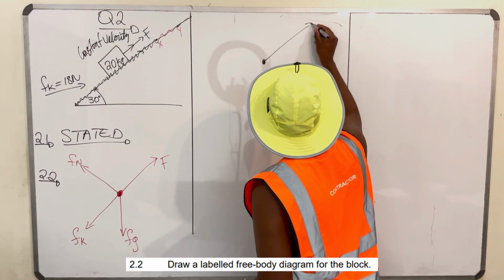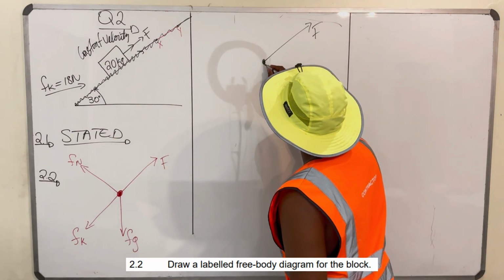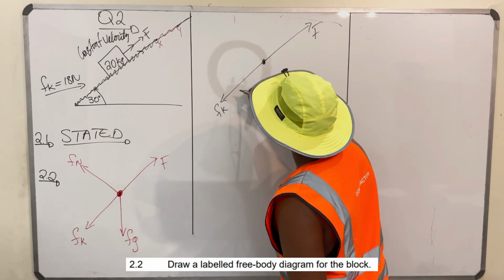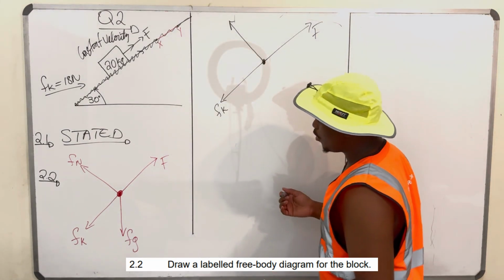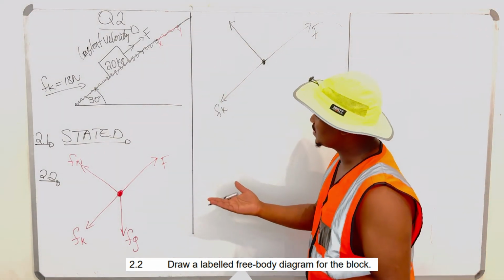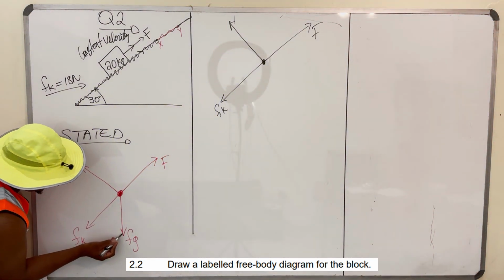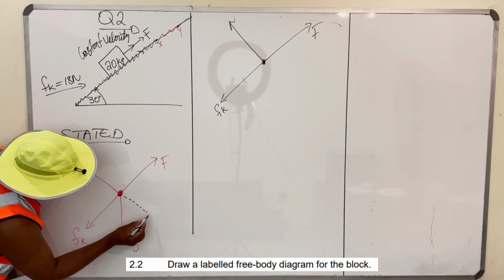Also, okay, it's my applied force. Let's just say, okay, force applied. What else? It's your kinetic friction. It's your normal force. The only thing that changes, or maybe that will look different, is that instead of drawing this gravitational force here, we'll draw its components.